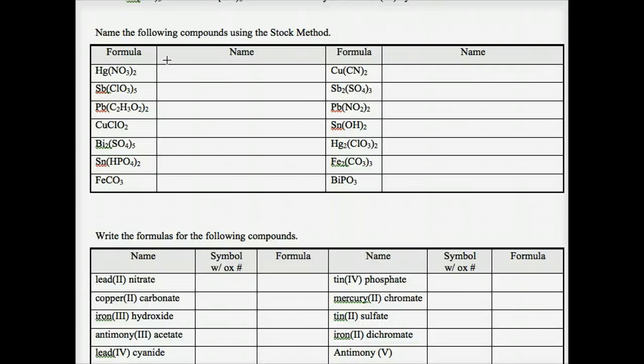Just picking one at random, let's pick this one: Pb(C2H3O2)2. First thing in my mental checklist is I know that Pb is in the middle of the periodic table, so at some point I have to figure out its charge. I also know that Pb is lead, and I also know that C2H3O2 is acetate.